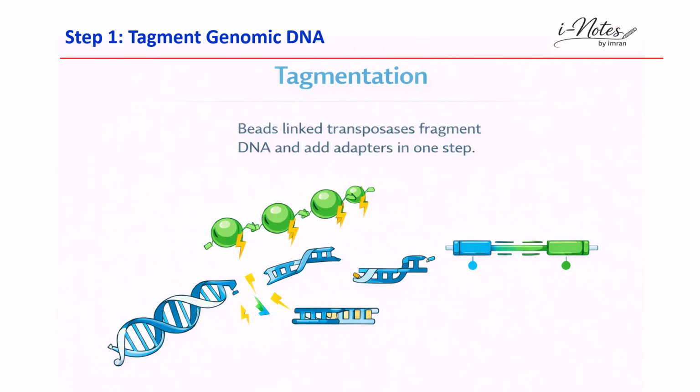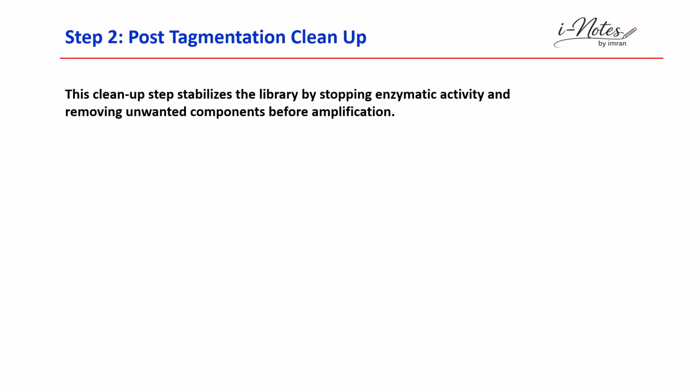Post tagmentation, what is important is the post-tagmentation cleanup. This step stabilizes the library by stopping the enzymatic activity, that is stopping the transposase activity, and removing unwanted components before you go for the next step, that is amplification of the tagmented DNA.